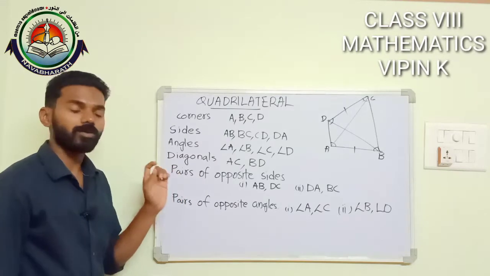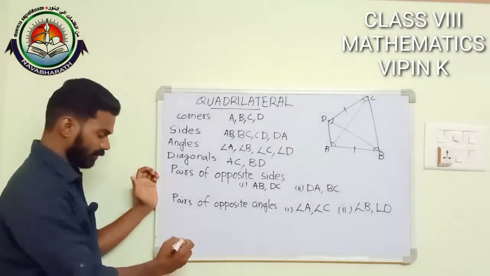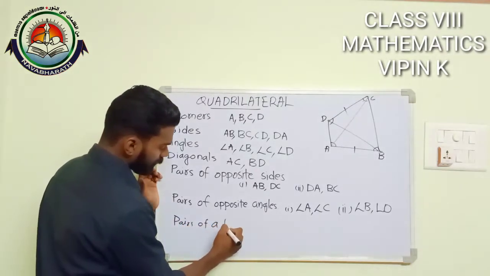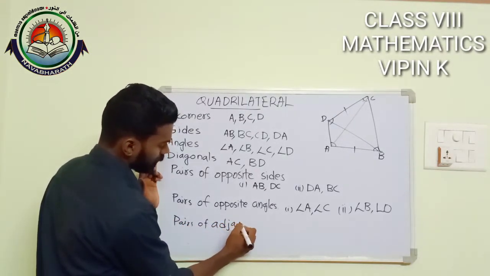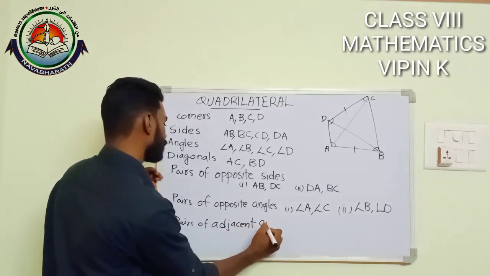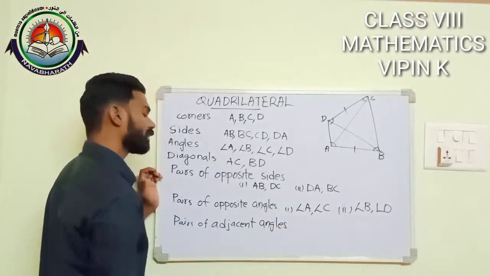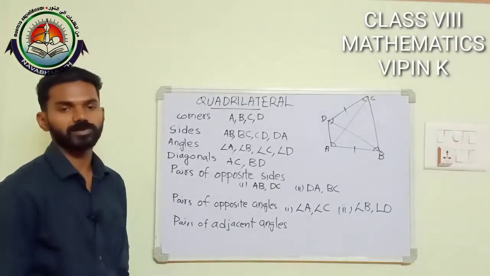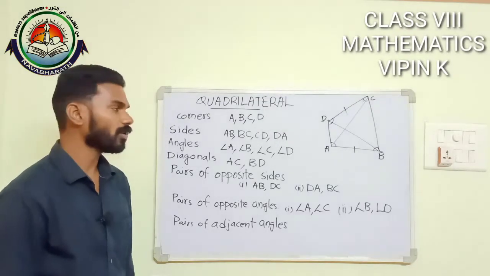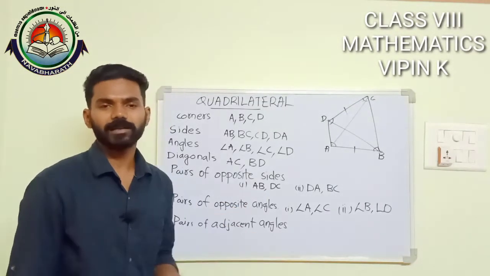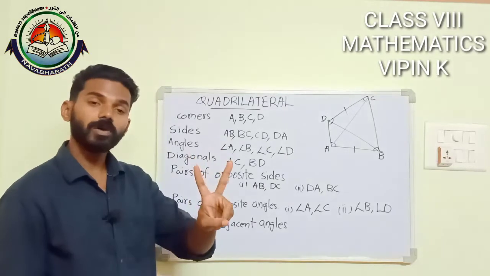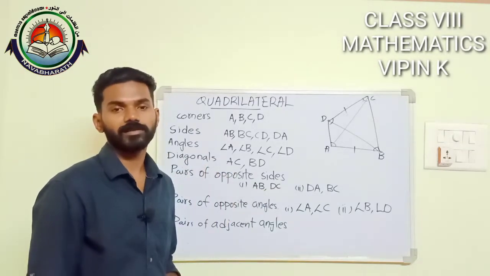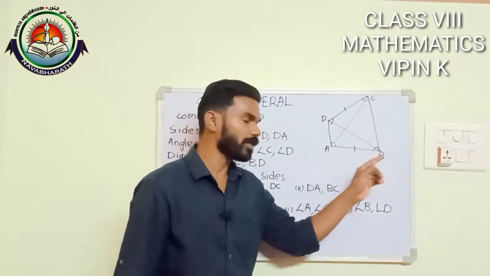Clear? And now we are going to consider pairs of adjacent angles. A pair of adjacent angles means two angles that are formed on the same side. Consider the side AB.